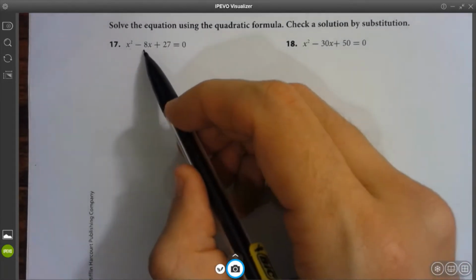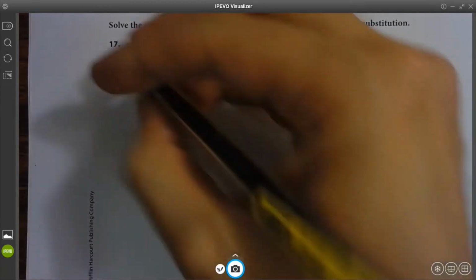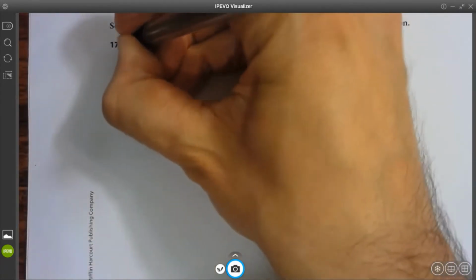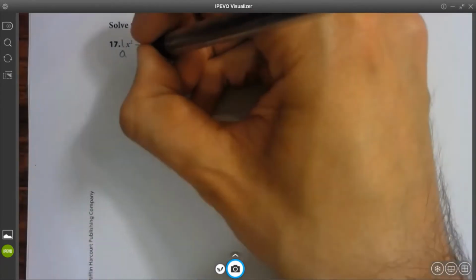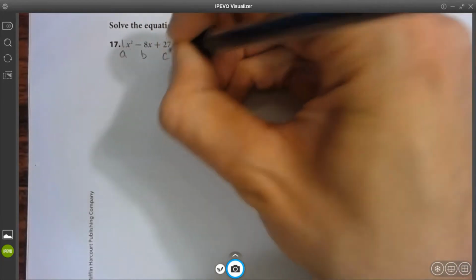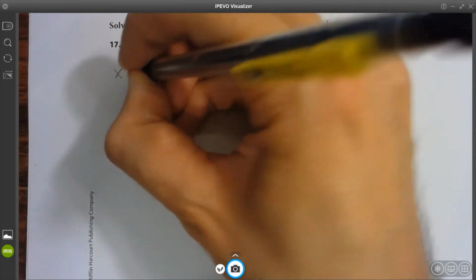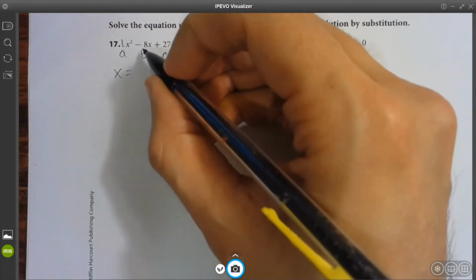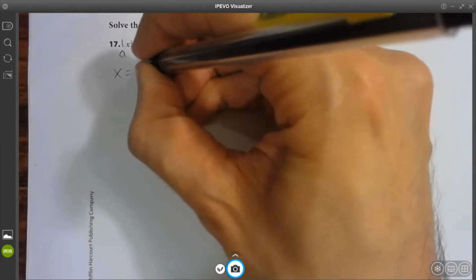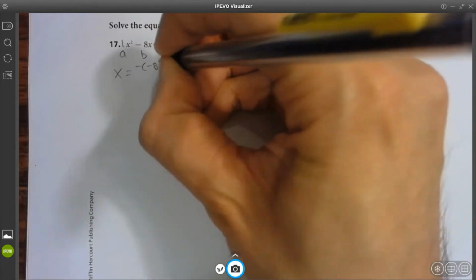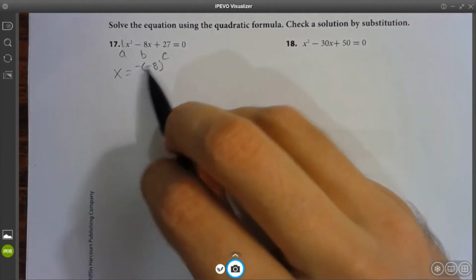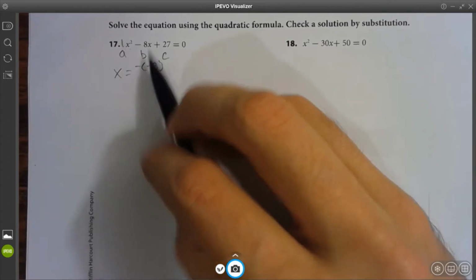Okay, we have A, B, and C. So A is 1. If you don't see a coefficient, it is 1. B is negative 8. C is 27. And let's plug in. We get x equals negative of negative 8. I'll even write that for the first one. For future ones, if b is negative, then you just put positive of whatever that number is.